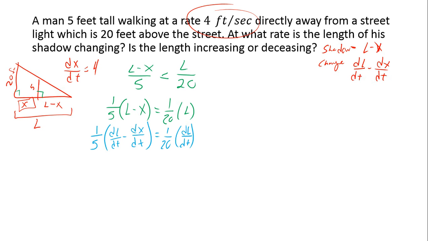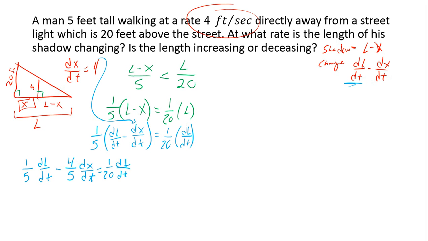And now from here, we want to be able to solve for dL over dt, because that's the part that we need. We know what dx over dt is. It's 4, but we need dL over dt. So we're going to plug in this 4 for the dx over dt. And now we have 1/5 dL over dt minus 4/5 is equal to 1/20th dL over dt.